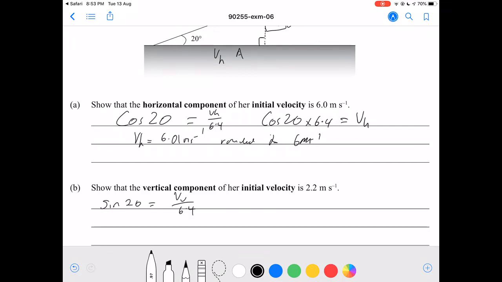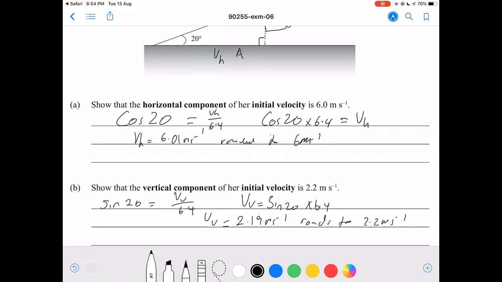So this time, our VV will be sine 20 times 6.4. So sine 20 times 6.4. And you should see that your VV should come out to be 2.19 meters per second, and that rounds to 2.2 meters per second.